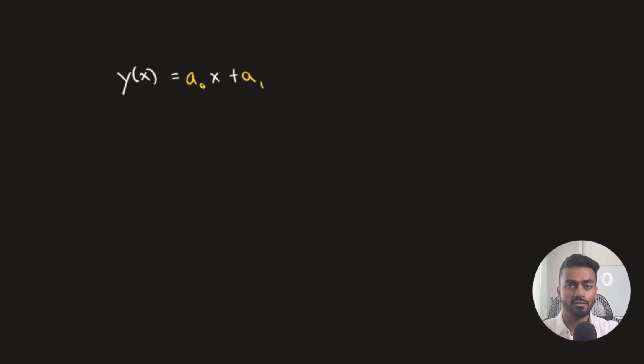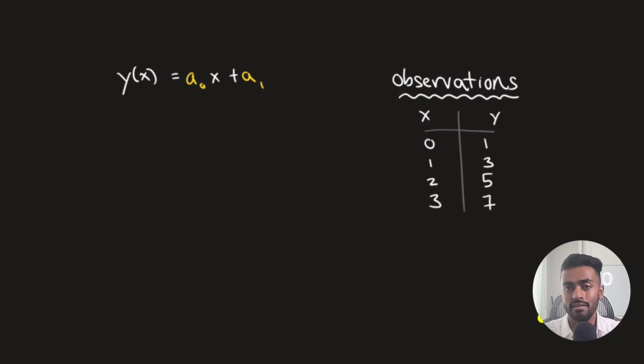To describe the evolution of backpropagation, let's consider a very simple equation: y = a0x + a1. X is the input, y is the output, and a0 and a1 are parameters. Let's say we make a bunch of observations of x and record the output y. The goal is to find the parameters a0 and a1.